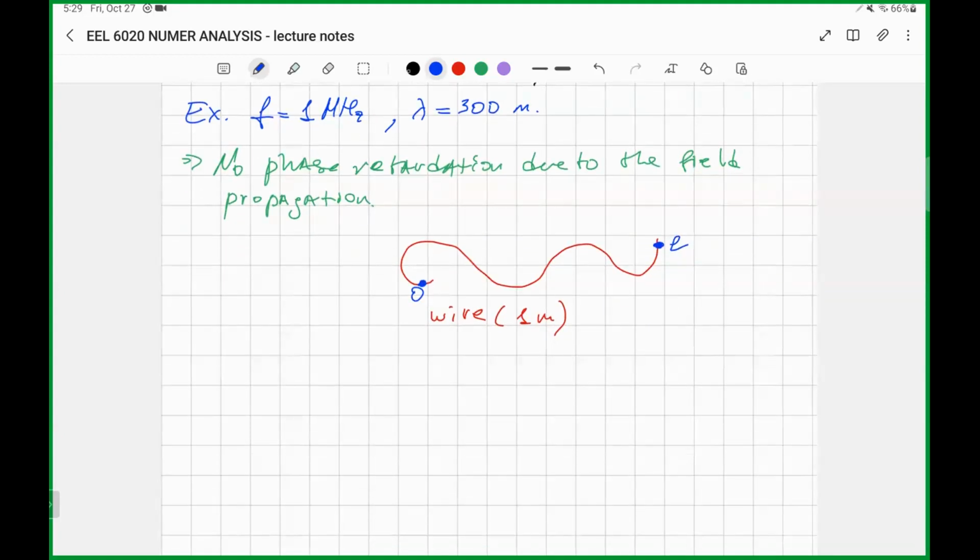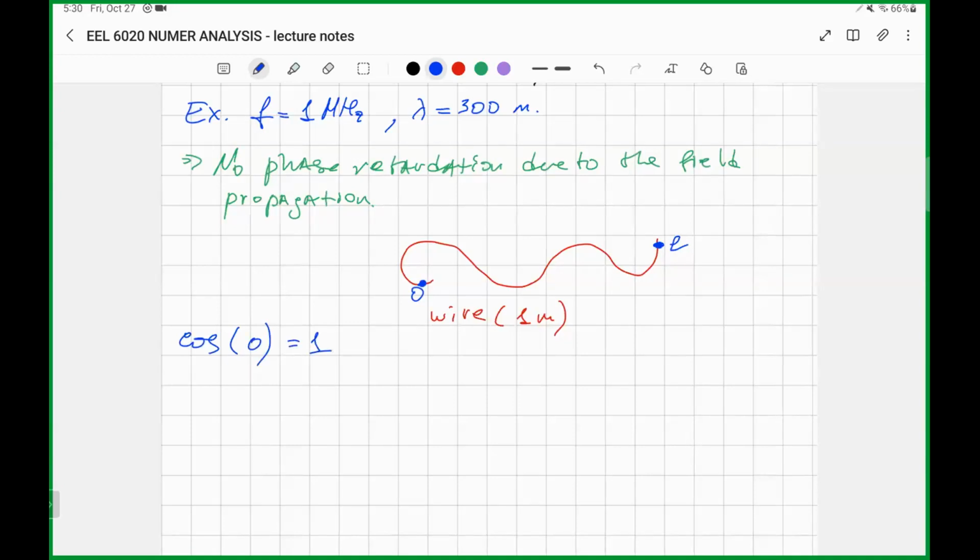If the field changes in time like cosine of omega t minus kx, where x is the coordinate along this wire, then at x equal to 0 we have cosine 0, which is 1.